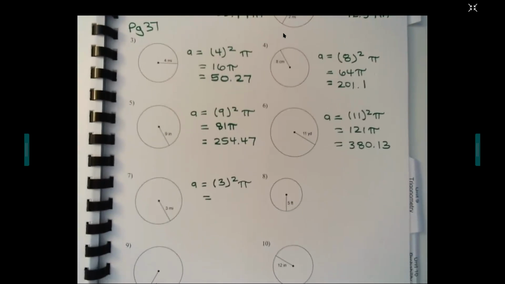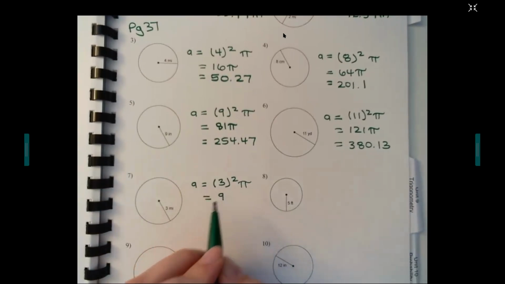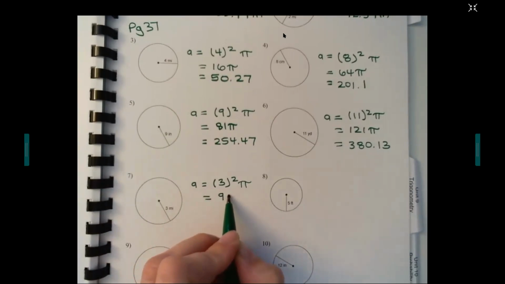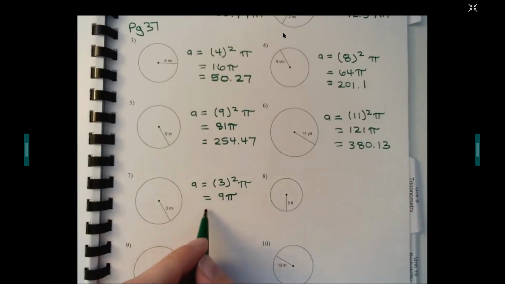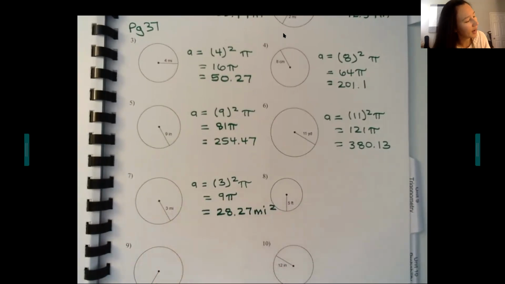And then I multiplied 3 squared, which would get me 9. Excellent. And then I multiplied 9 times pi, which got me 28.27 miles squared. Excellent. Thank you. And number 8.